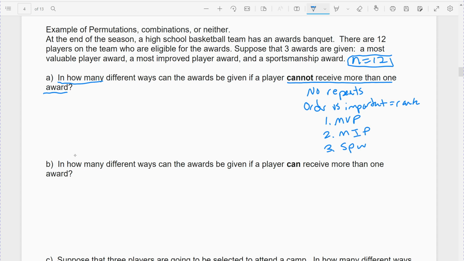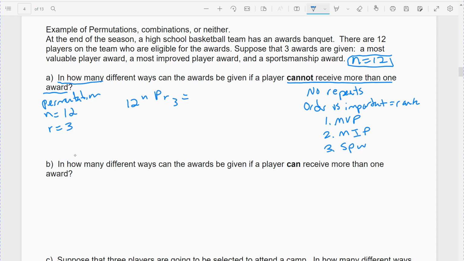And so, that means this is a permutation, where we have 12 total players, and we're picking 3 of them. So, we start with 12, and we're gonna pick 3 of them. And so, we want to know, well, how many different ways could I take 3 from 12? So, it's a permutation, 12 permutation, choose 3.